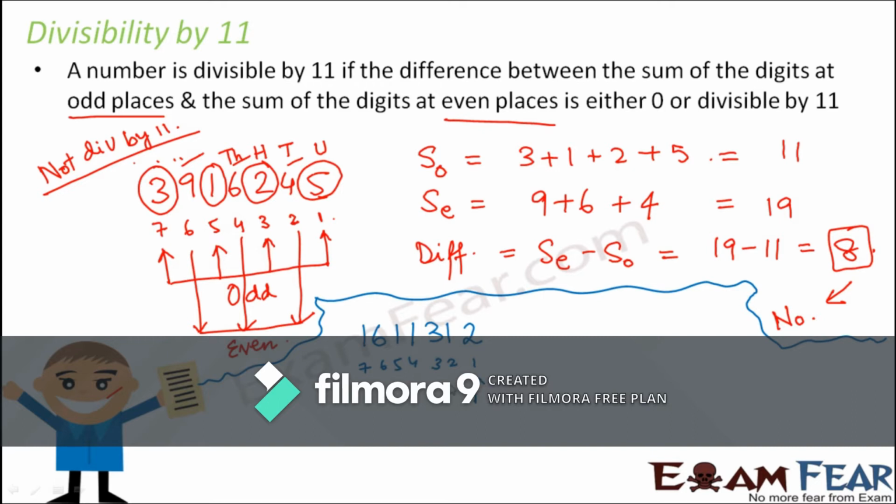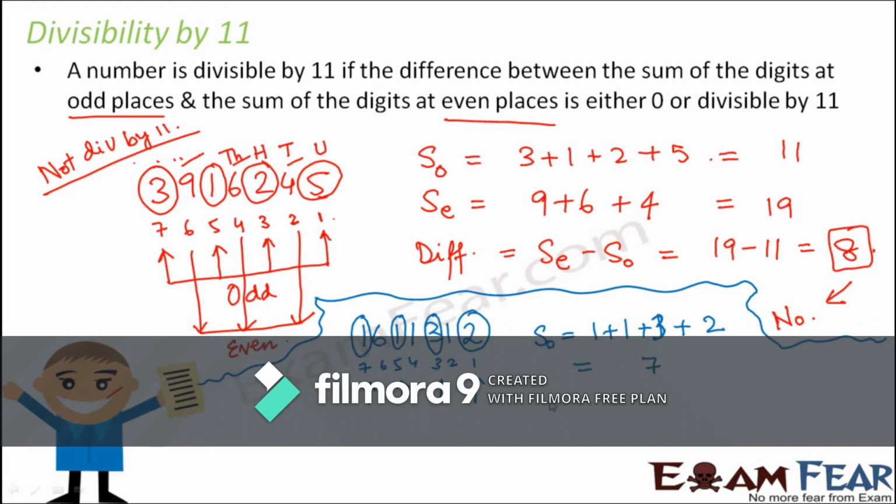So which are the digits present in the odd places? These are the odd places, right? So the digits in the odd places are 1, 1, 3 and 2. So the sum of the digits in odd places would be 1 plus 1 plus 3 plus 2.